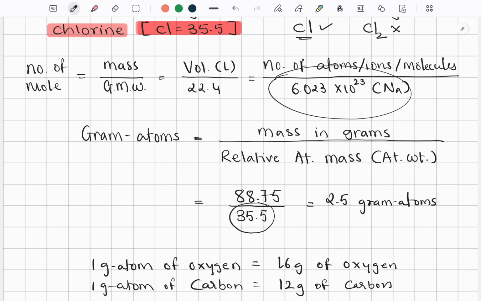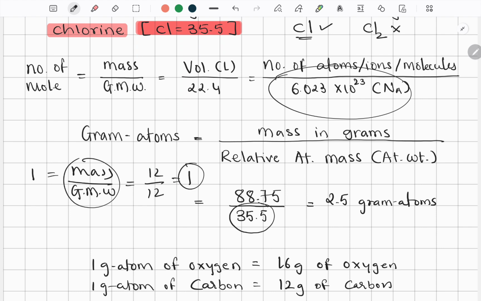Now 1 mole of any substance has a mass in grams which is numerically equal to its molar mass, atomic weight or molecular weight. When the mass and the gram molecular weight or gram atomic weight are the same, 12 by 12, what do you get? 1.